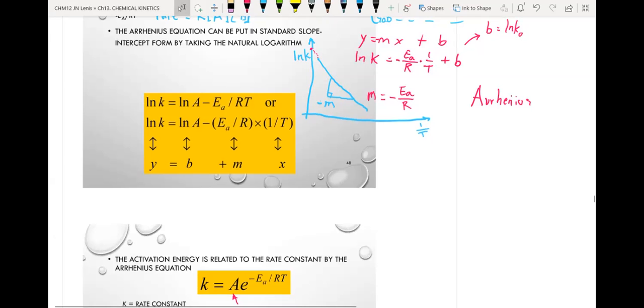And you know that the slope M from your graphical analysis of the curve equals negative activation energy over R. So, solving for activation energy, activation energy equals negative M times R. This is the slope obtained from your graphical analysis.